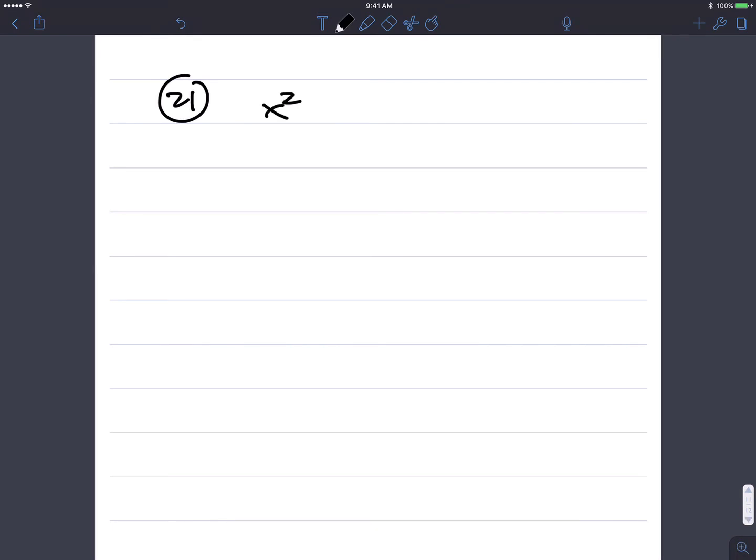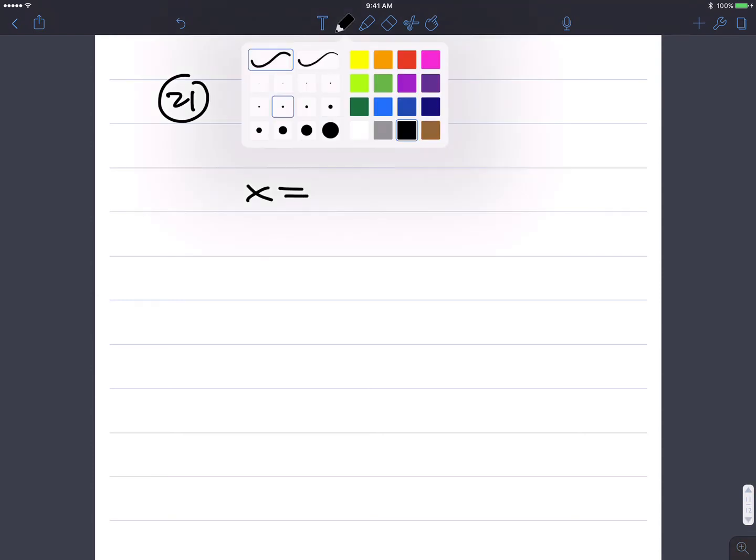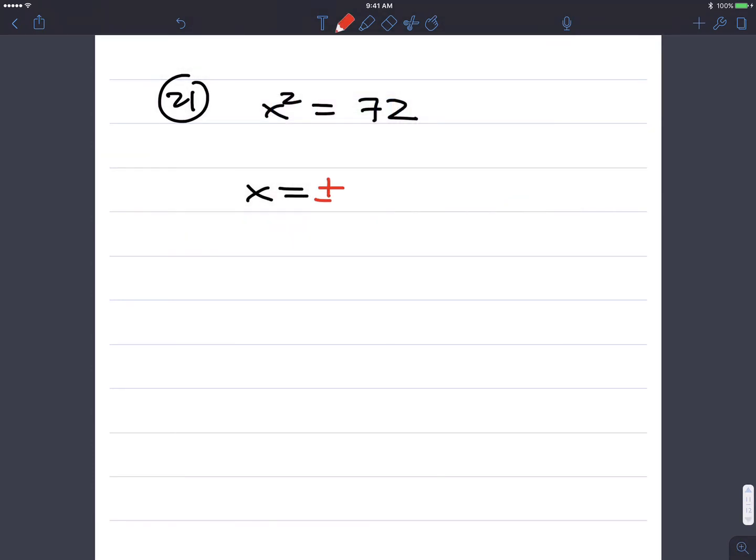21, we have x squared is 72. x will be plus or minus the square root of 72. We have to simplify.